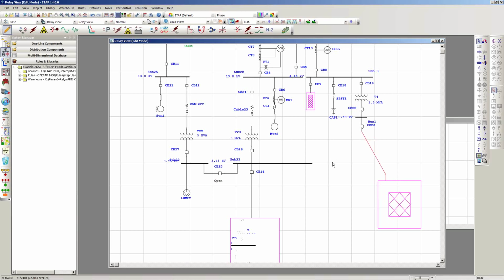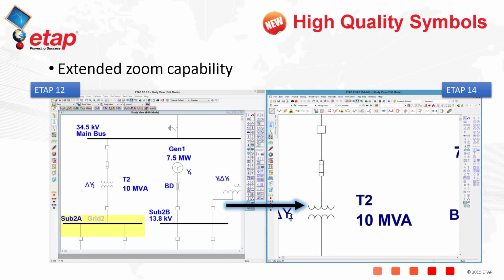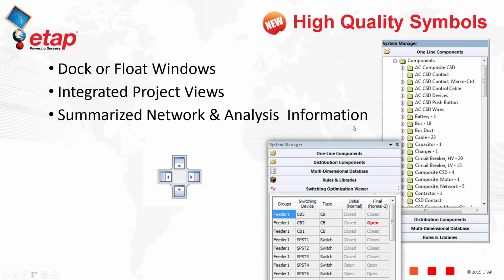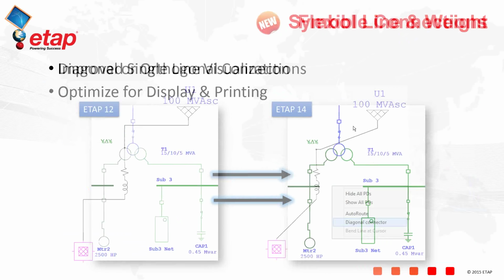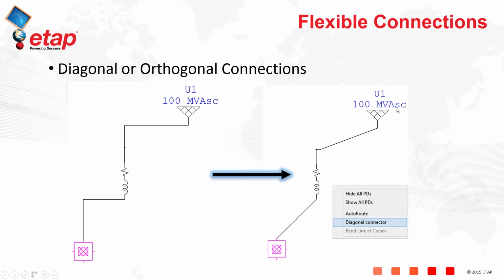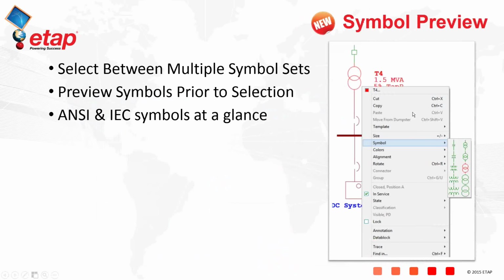So now, instead of just having a 90-degree angle for my connection lines, I now have the ability of having a 45-degree angle, or just connecting elements in a diagonal shape. There's just a quick screen capture of how a branch can now be connected diagonally.